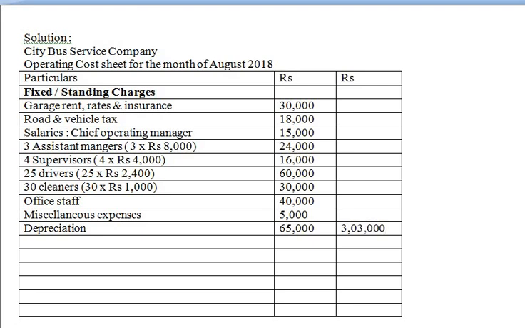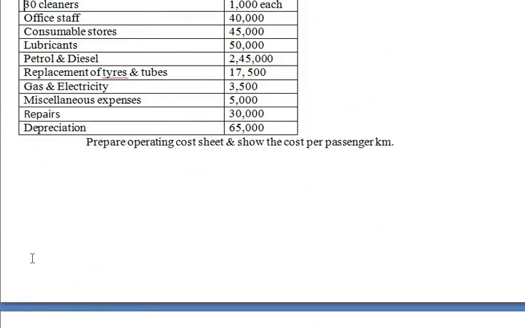Now the second one is repairs and maintenance. The expenses which we have marked under this will come here. So go through the problem.